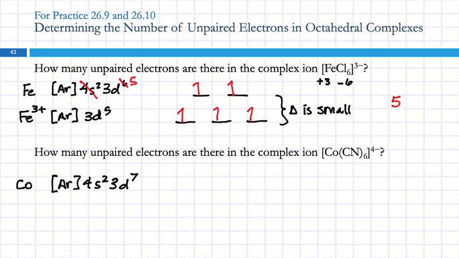And then cyanide is -1 times 6, which is -6, and then we have -4 overall, so this is a +2 ion. So looking at the cobalt 2+ ion, we lose those 4s electrons first. And there's our 2 electrons. We don't need to lose anything else. 3d7. So this one has 7 electrons that we have to put into these orbitals.